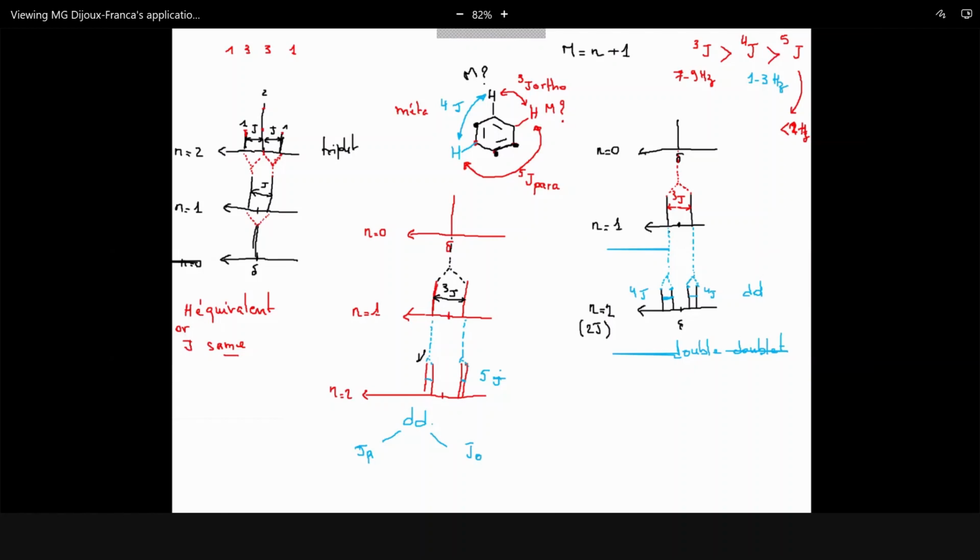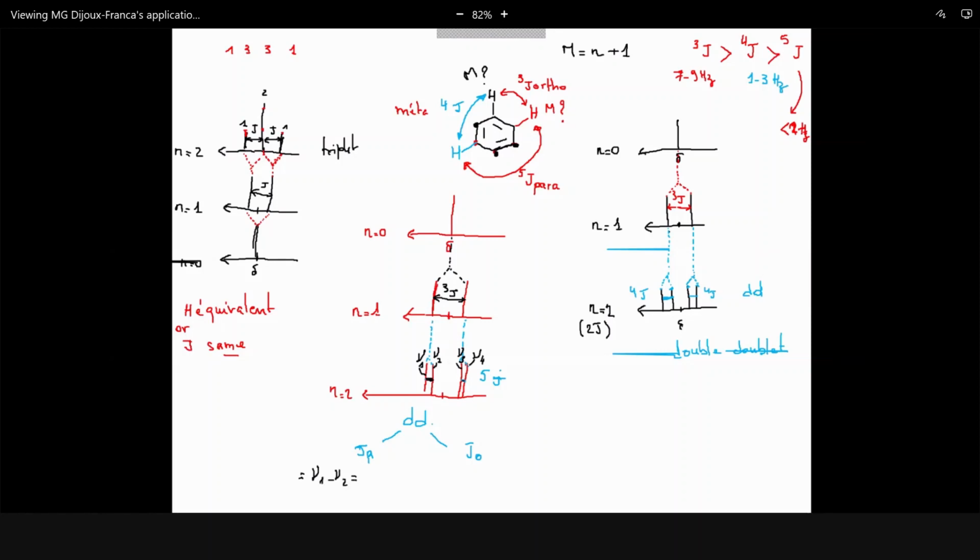If we say that the frequencies of resonance of the first lines are called nu1, nu2, nu3, and nu4, this one, this one, this one, and this one, the J para, I said it's the small coupling constant here, will be equal to nu1 minus nu2.